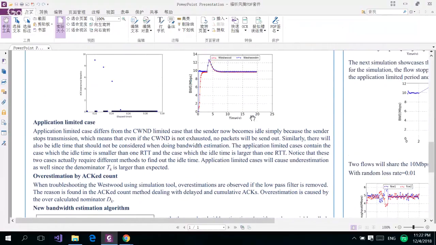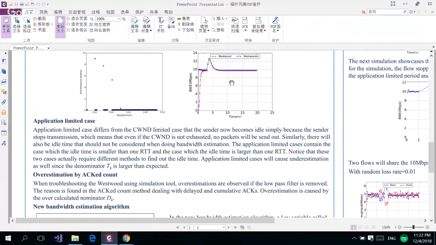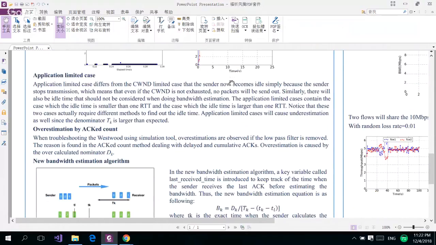When troubleshooting Westwood using a simulation tool, overestimations are observed if the low-pass filter is removed. The reason is found in the ACK count method dealing with delayed and cumulative ACKs, and it is caused by the over-calculated numerator ACKed.